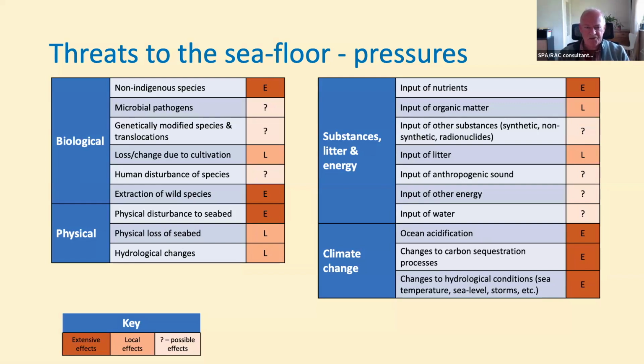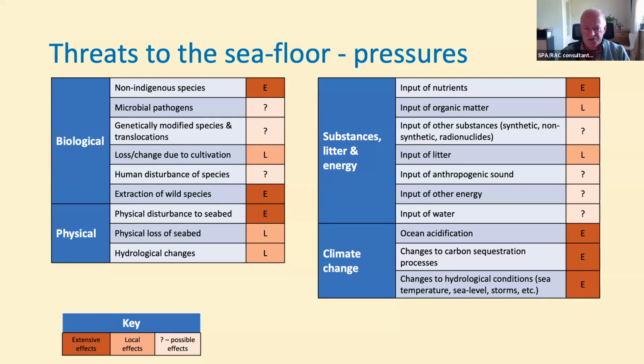And you can see here that the ones in the darker orange, the non-indigenous species, the extraction of wild species, which is fishing, physical disturbance, the input of nutrients, and then the climate change issues are the pressures that would have the most widespread and extensive effects on the seafloor.